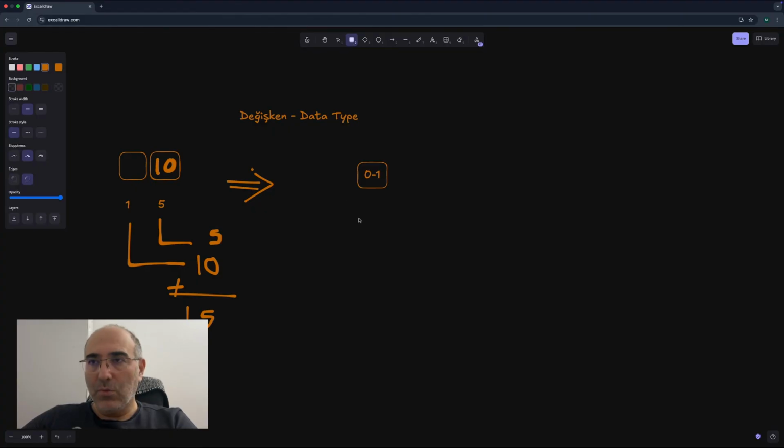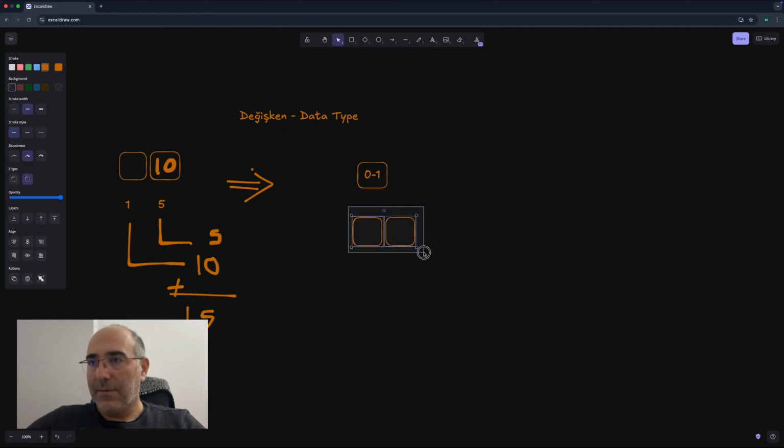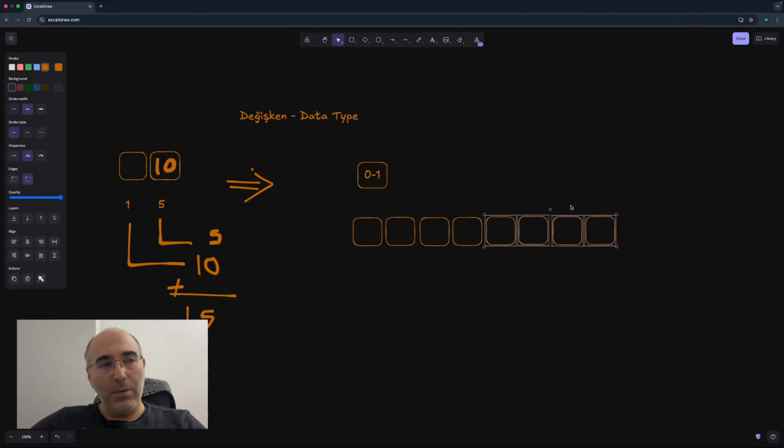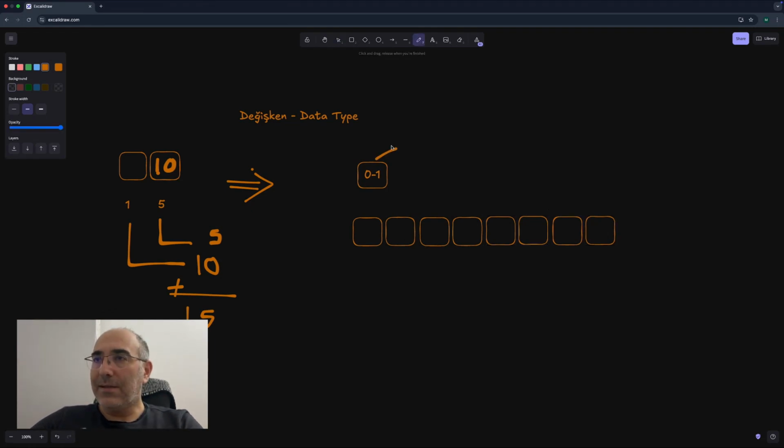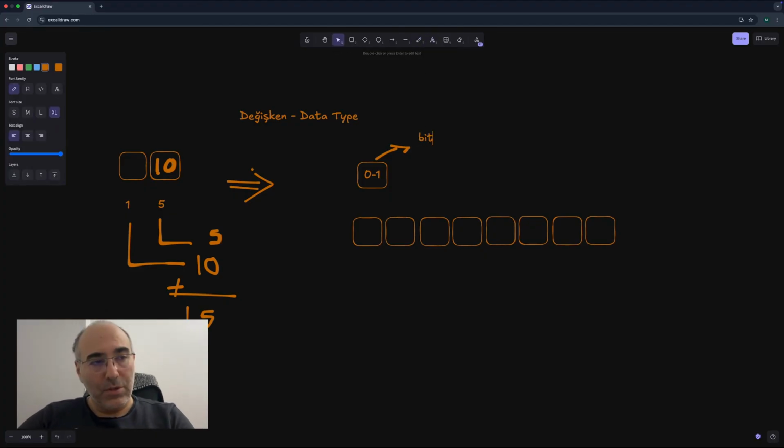Now, the variable we call a byte, friends, is made up of a total of 8 little boxes. Our byte variable. Let me show you like this. 8 of these boxes make up 1 byte. Each of these boxes, friends, is called a bit, which is the smallest building block of a computer.